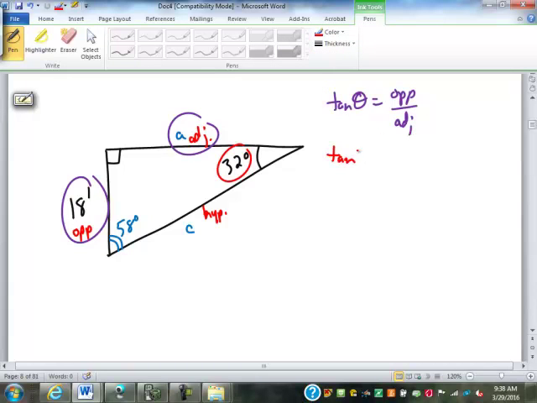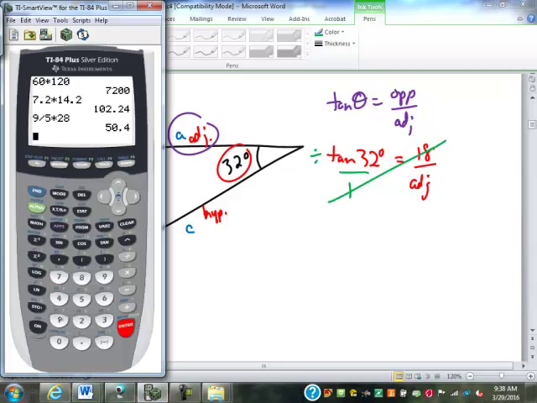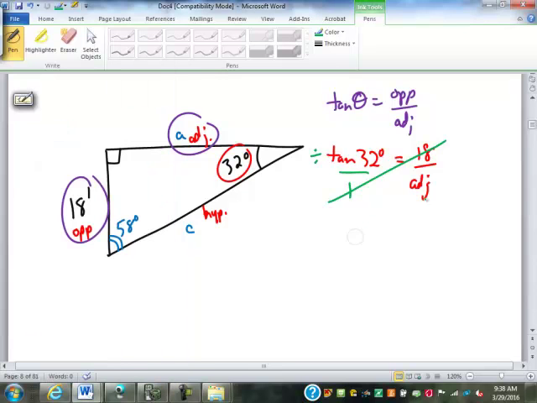So I'm going to fill in what I know. I know the angle is 32 degrees. The opposite side is 18, and I am looking for that adjacent side. So I put this over 1, I cross multiply and divide. So I get 1 times 18 is 18 divided by the tangent of 32 degrees. So you get 28.81. How many of you had 28.81 feet?